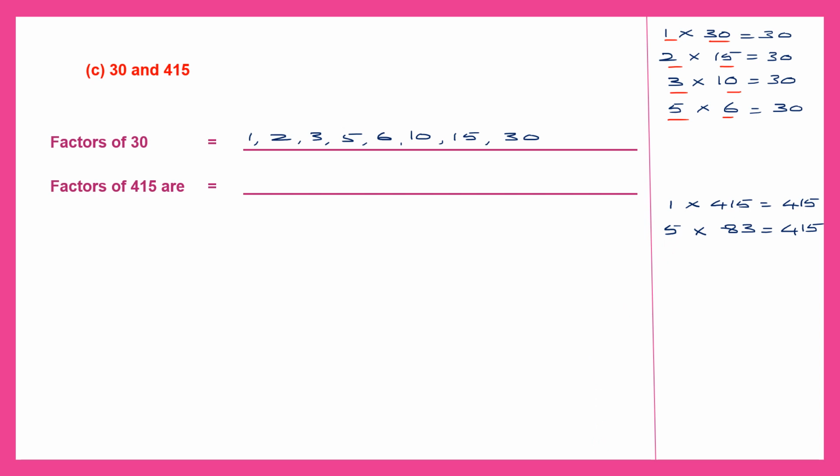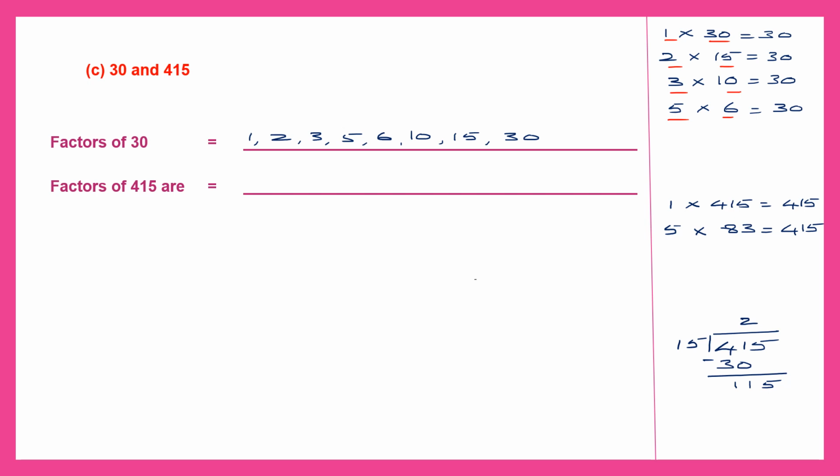Let's divide 415 by 15. 15 ones are 15, 15 twos are 30, minus. 15 into what will give us 115 or a number close to it?